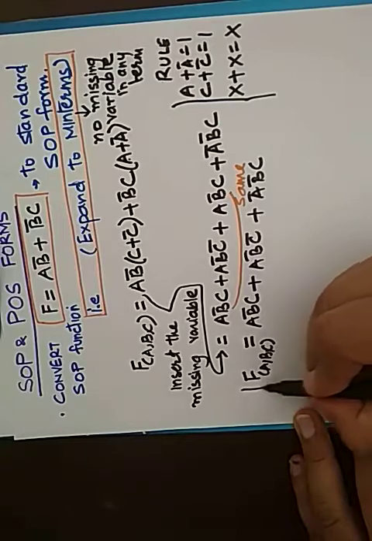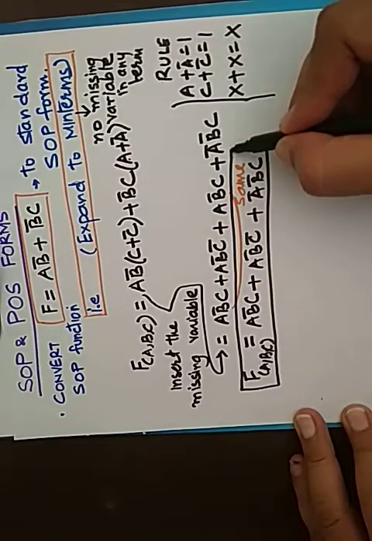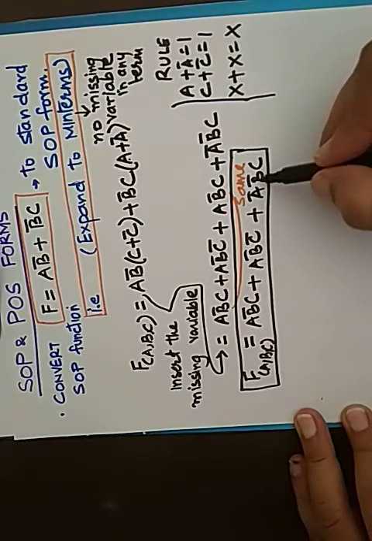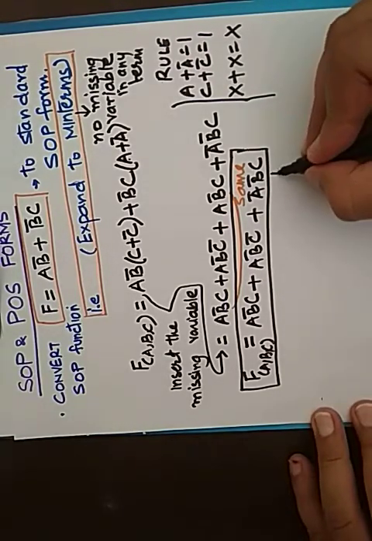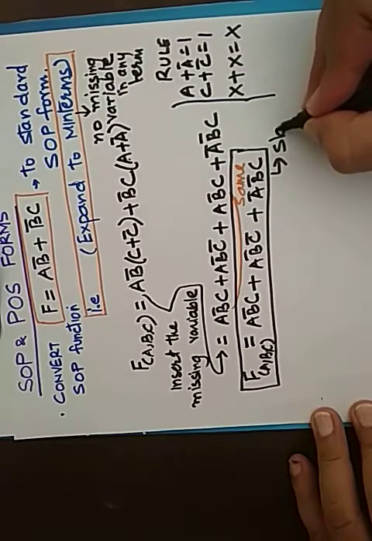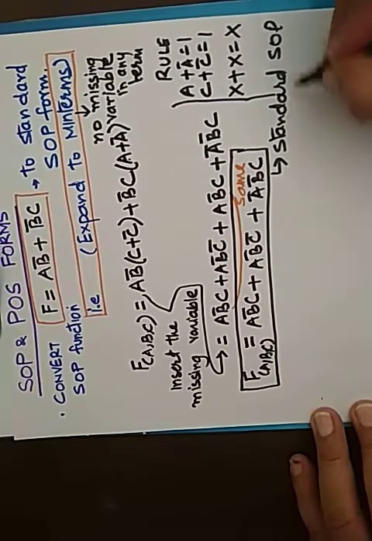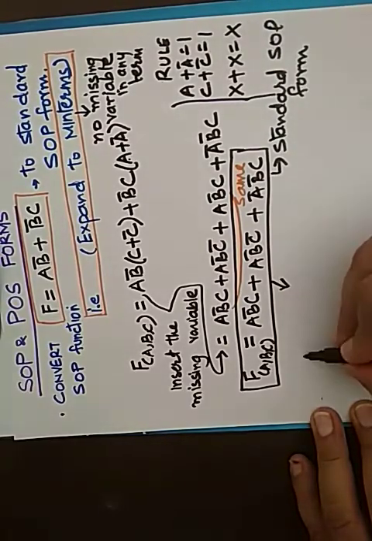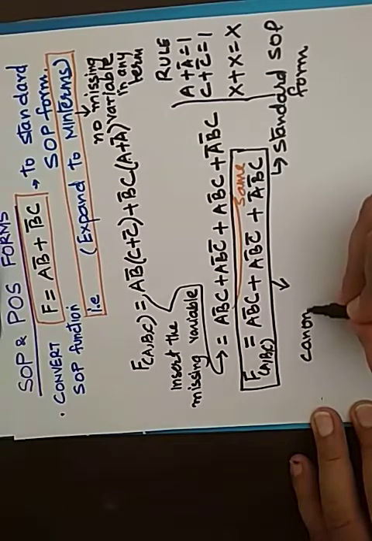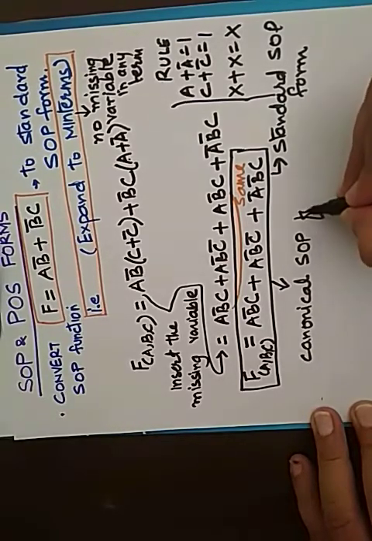You see here now, this function is having all the terms which have no variable missing. So this is the standard SOP form. This form is also called the canonical SOP form.